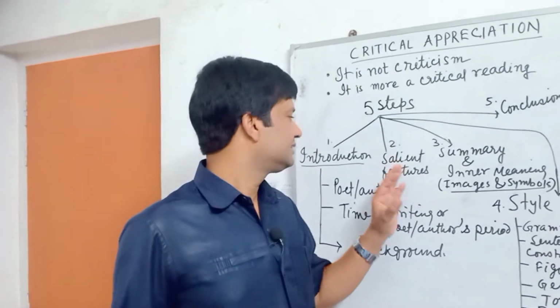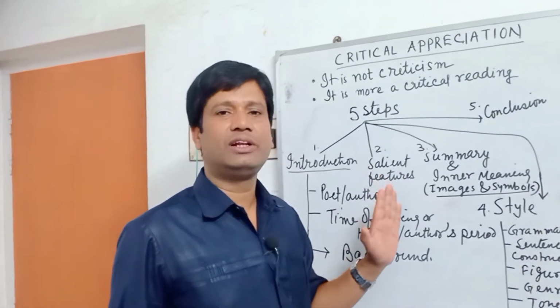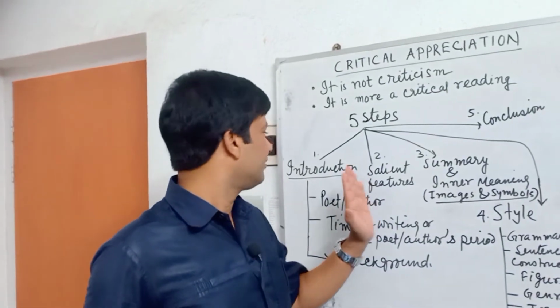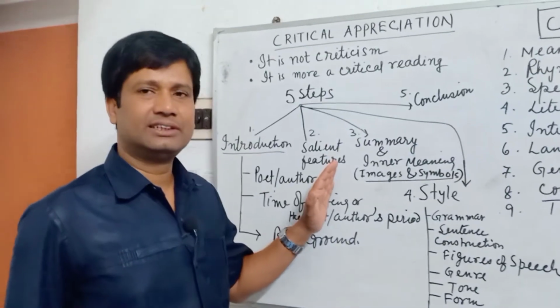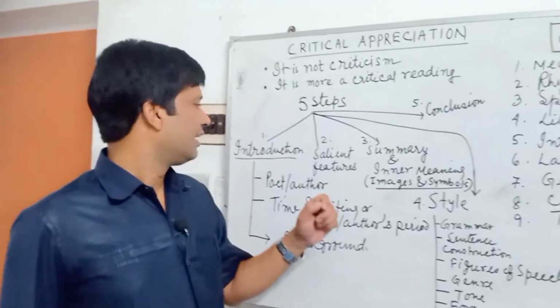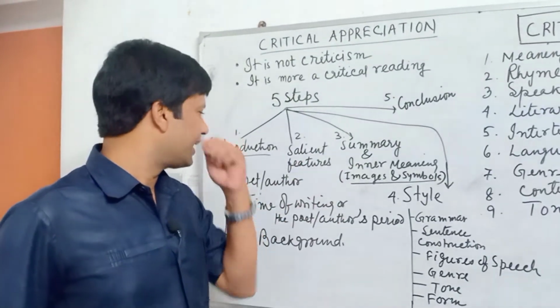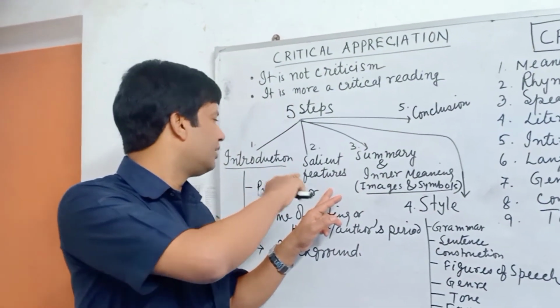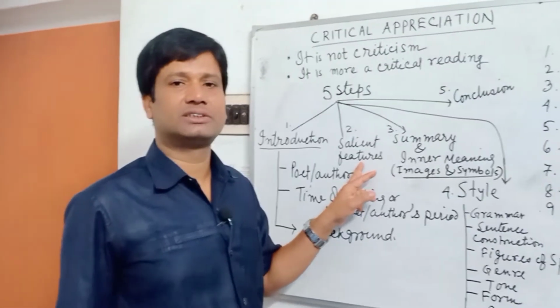If it is a short story or a novel, you should write the salient features. Okay. And now, after writing this, you should go to write the third paragraph. Before going to the third paragraph, I am giving an example of how to write salient features of a poem.